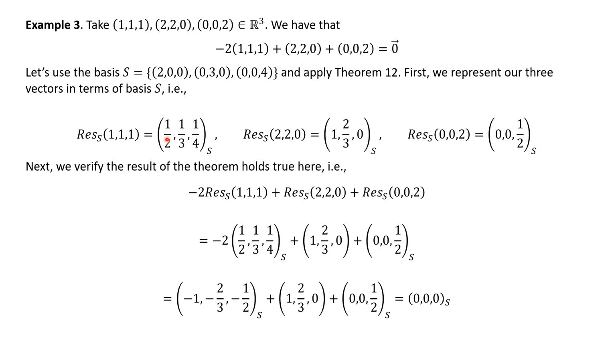So the first step is to write each one of these three vectors in terms of our basis. So the first one, (1, 1, 1), we take 1/2 this, 1/3 this, 1/4 that. We're going to get (1, 1, 1), so that's the first one. Then to get the second vector, we take 1 times this plus 2/3.